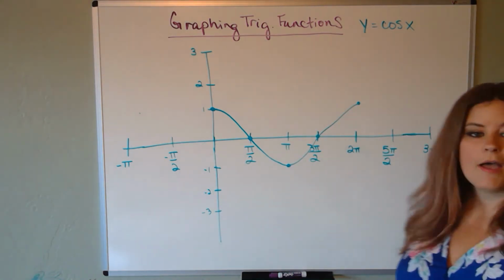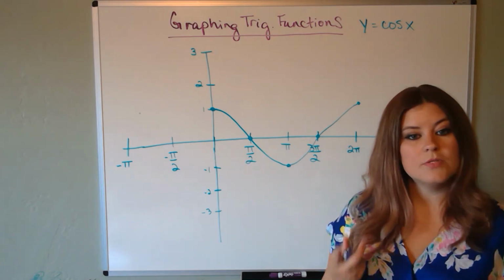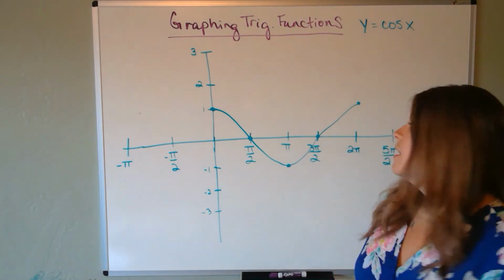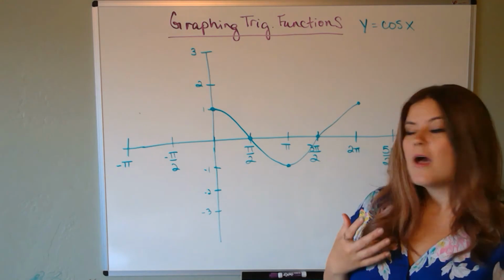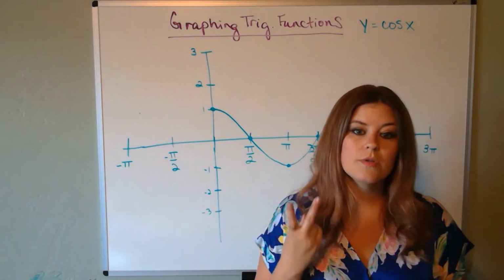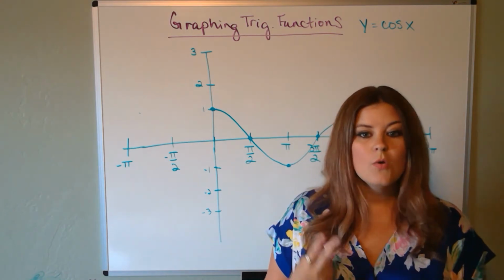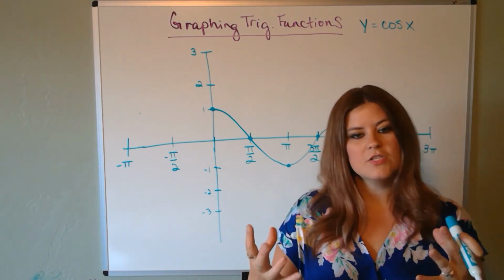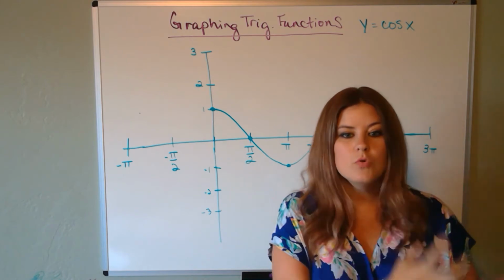And let's talk about how I want to change it. I'm not going to change the amplitude or the period of this function. I'm not going to reflect it. All of those changes either change the direction or the shape of the wave. What I'm going to do now is pick this up and move it somewhere.